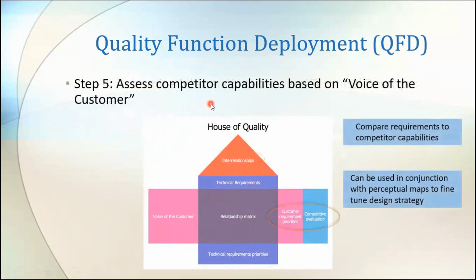So we assess the competitor capabilities next based upon the voice of the customer. So what we'll do is we'll prioritize the customer requirements based upon how we understand the customer's requirements. Then we will do a competitive evaluation based upon how our competitors compare to these requirements.